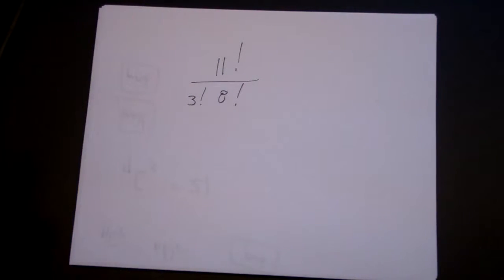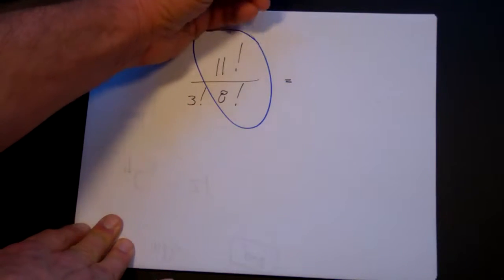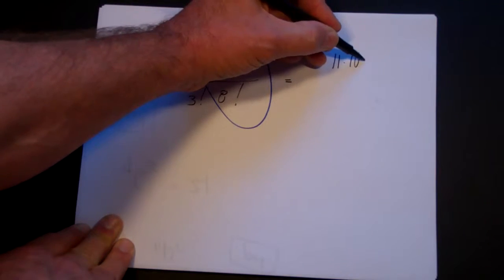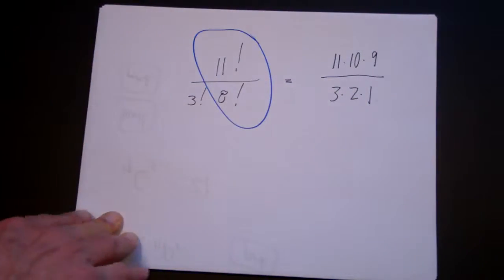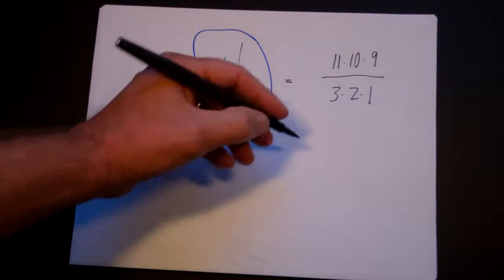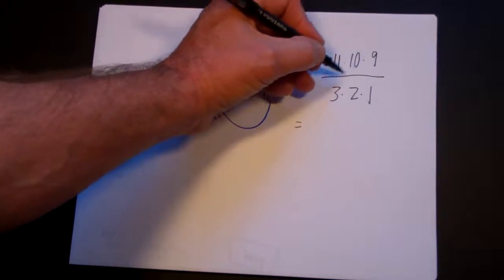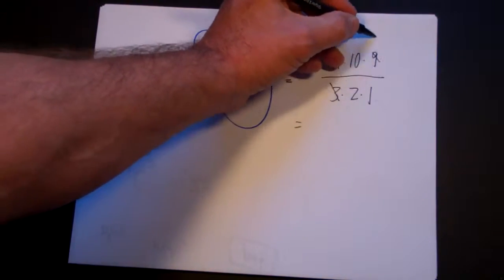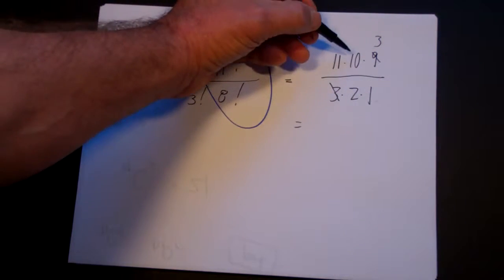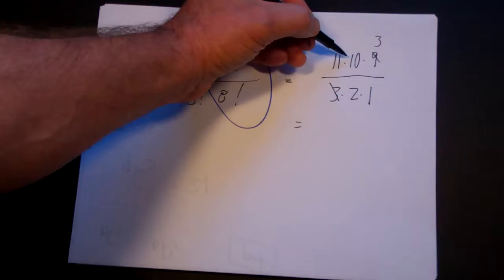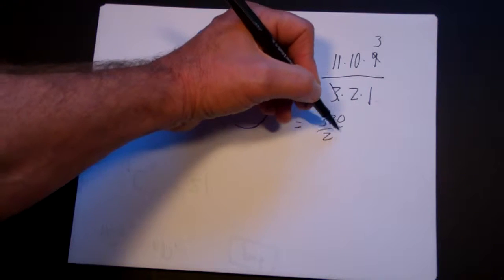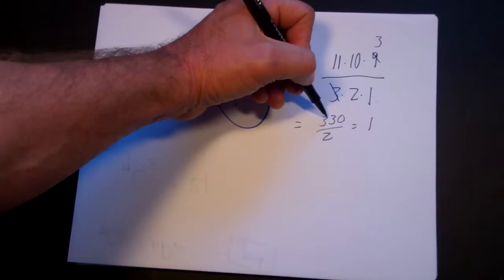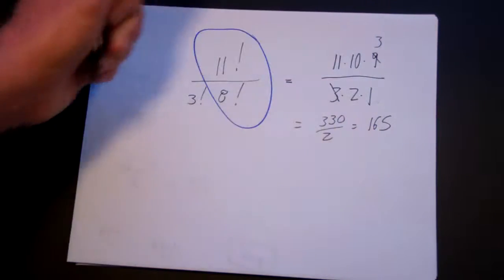It simplifies to simply 11 times 10 times 9 on the top, and then you have the 3 times 2 times 1 on the bottom. The 3 and the 9 cancel: that becomes a 1 and that becomes a 3. Then it's pretty doable. 11 times 10 is 110, divided by 3 is 330, divided by 2 gives 165.